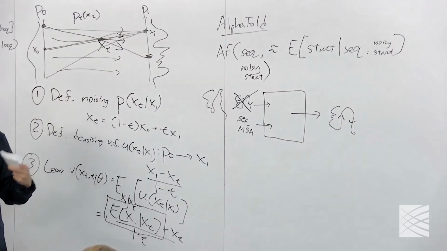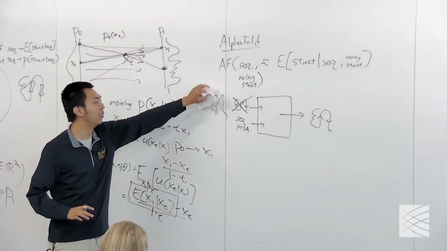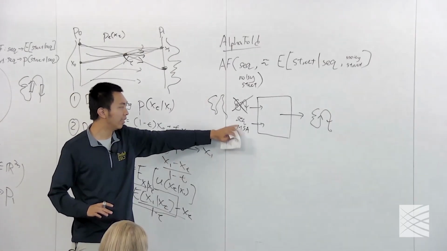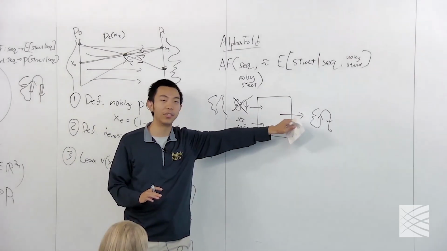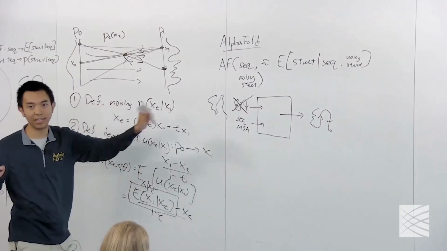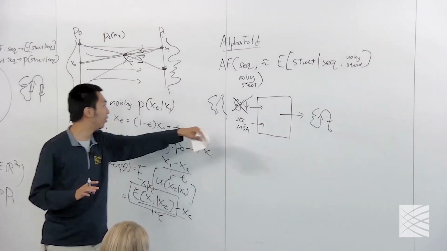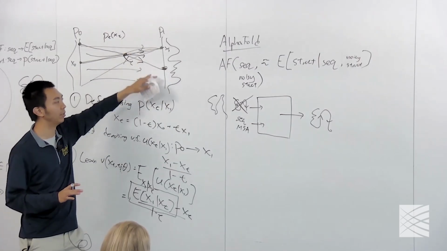And a conceptual way of understanding why this works is that in the absence of any noisy input, the sequence input is completely deterministic. So the output must also be deterministic. AlphaFold can only ever produce a single structure. Again, a bit of a simplification here, but it produces a single structure, and so it has to pick one that's representative of this entire distribution.